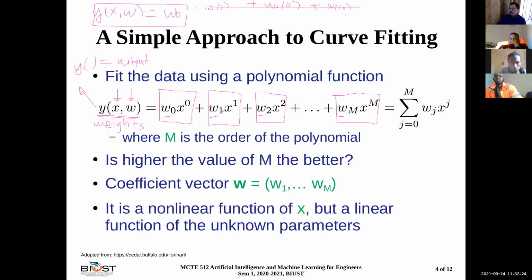Anyway, so now here we have w. We have to look at the terms, the coefficients or the weights, this part, as well as the degree or the exponent of each of the input terms. So this is the first term. You have the first weight, w0, and your x is to the power of 0.